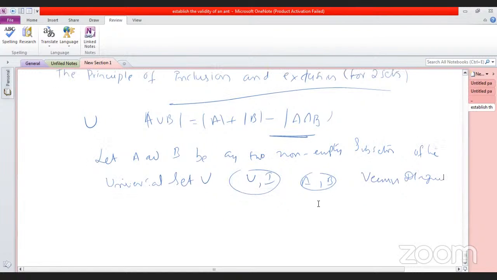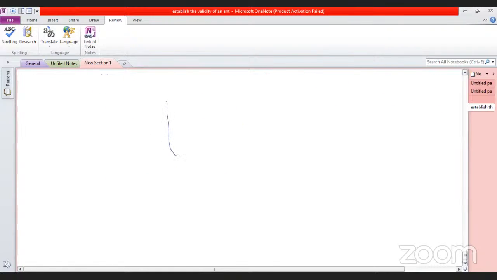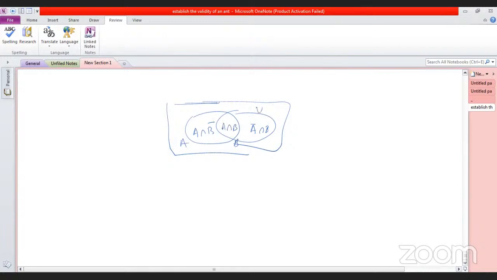So I will use the Venn diagram here. In the first region, A intersection B bar, in the second A intersection B, and in the third A bar intersection B.